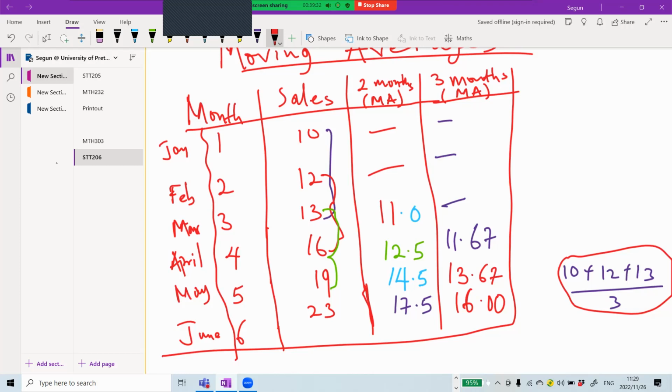For that 3 period moving average. Yes, in our material here, they are predicting from February to May. It's only January and June that were not predicted.